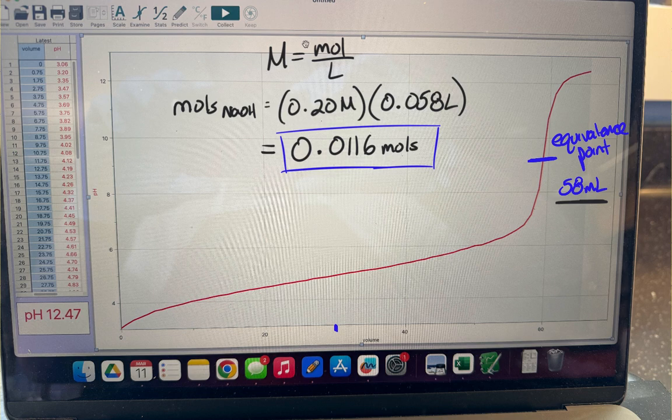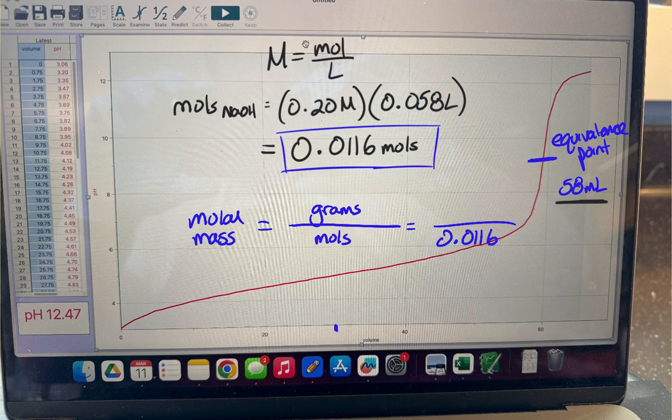And so to calculate molar mass, and I feel like this is a calculation we've done a few times. I had one on the test review. I know we did one on the very first test of the year, right? The units for molar mass are grams per mole. And I just calculated my moles, right, 0.0116.